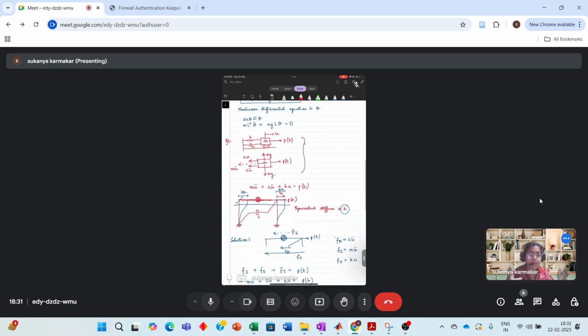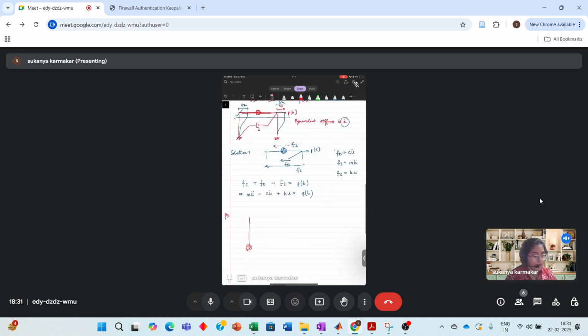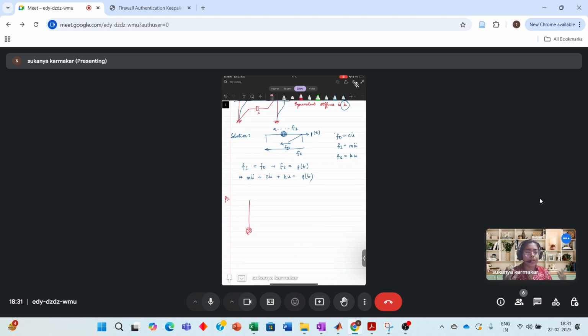Till date, whatever springs you were seeing, those were linear springs. How do you write the force in a spring? K into U, where U is the actual deformation in the spring. So what I'm drawing here is a rotational spring. In a rotational spring, you will have a rotational stiffness into the deformation. Here, deformation will be theta, the rotation happening in the spring. That is equal to the force which the spring will provide. So the spring has a stiffness K.